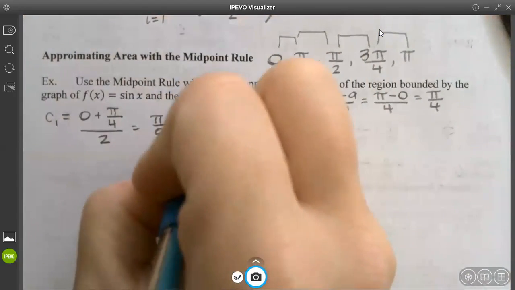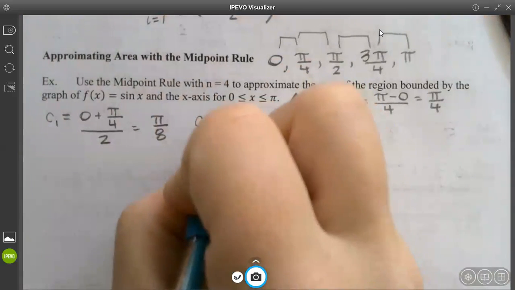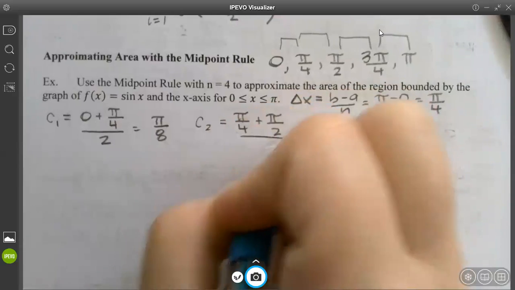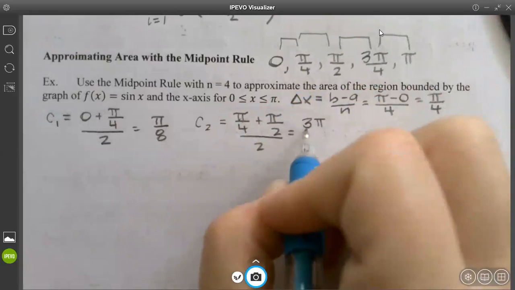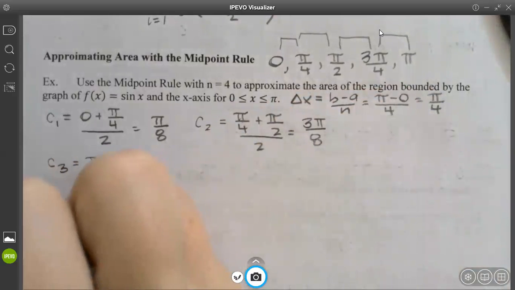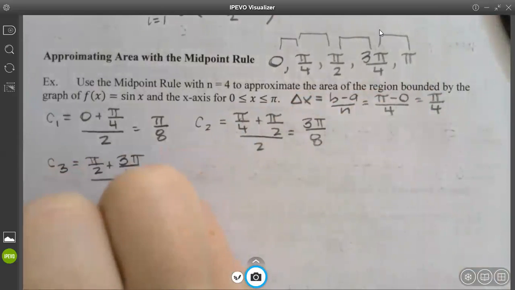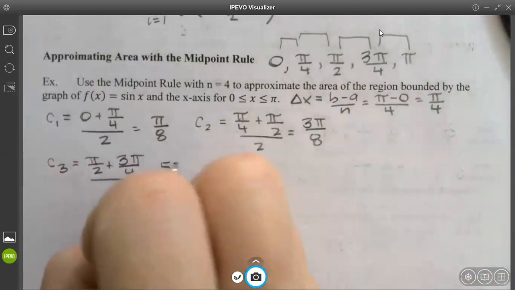Your second rectangle, what are your 2 endpoints? So we add those and divide by 2, and we get 3 pi over 8. Third rectangle, what are your endpoints? Divide that by 2, and you get 5 pi over 8.